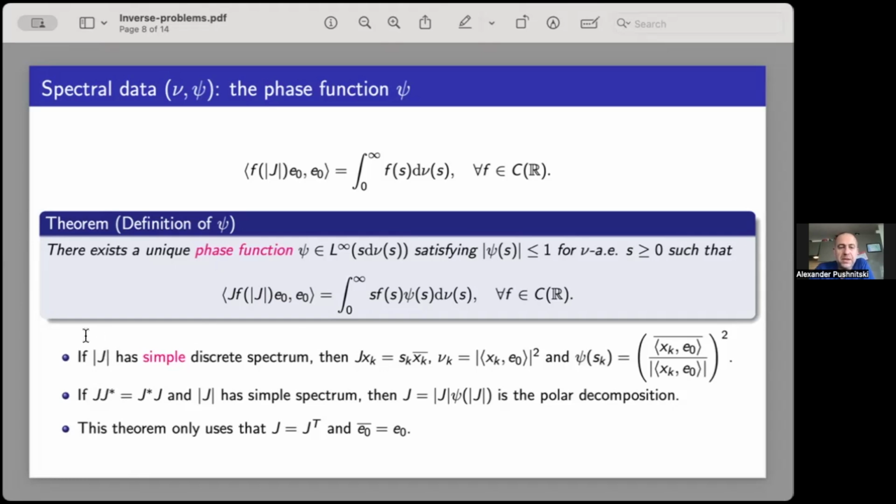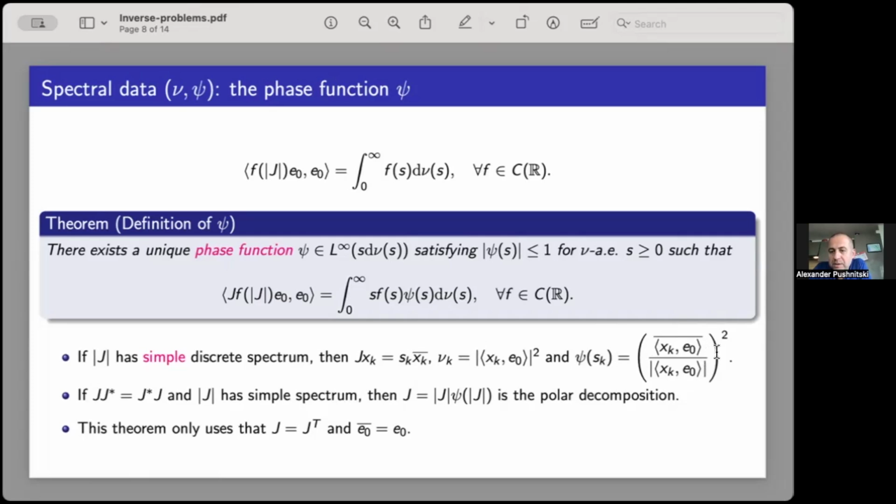So the simplest case: if mod j has a simple discrete spectrum, so just eigenvalues, then as I said on the previous slide, we have this eigenvalue equation. In this case, the measure is sitting at sk, and the corresponding psi, remember that this psi only lives on the support of the measure nu. The measure is supported on this point sk. So on this point sk, the value of this function is this kind of thing.